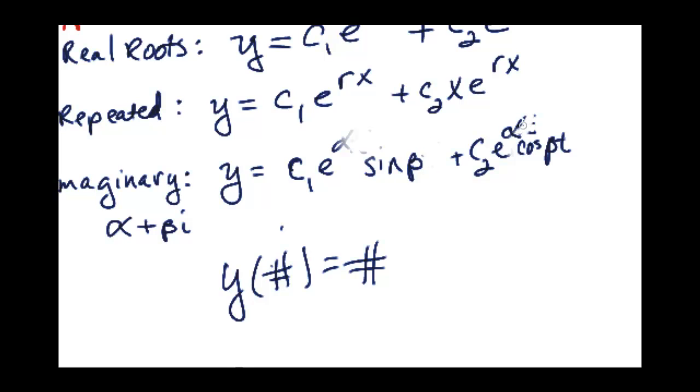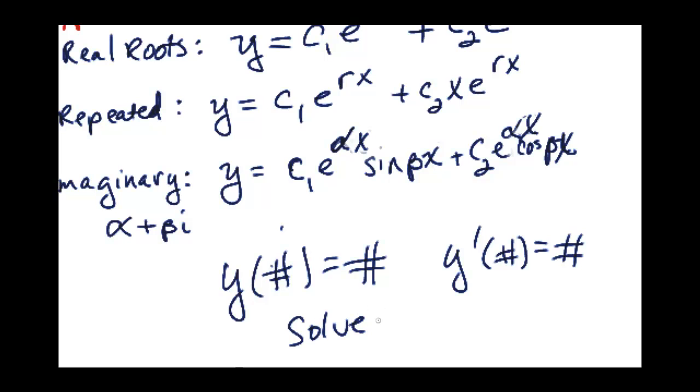You can solve for C1 and C2, and you'll get a system of equations. If they give you y of a number, and then y prime of a number equals something else, you'll get a system of equations where you'll have to solve for C1 and C2 algebraically.